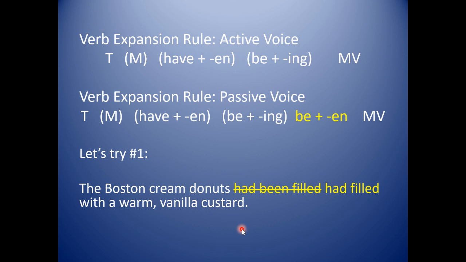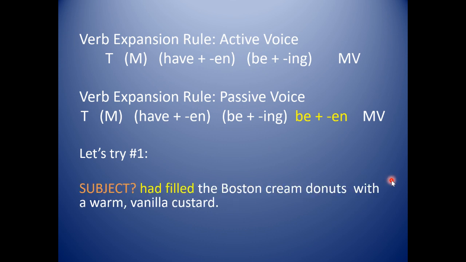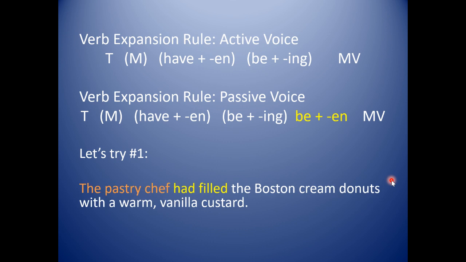Now that I've changed it to had filled, I also know I have to change everything around, which means the subject, in this case, Boston cream donuts, has to now turn into the object. So that naturally is going to slide over here to say subject or something had filled the Boston cream donuts with warm vanilla custard. Sometimes you have to create your own subject because it's not there. So I did. I said the pastry chef had filled the Boston cream donuts with warm vanilla custard.